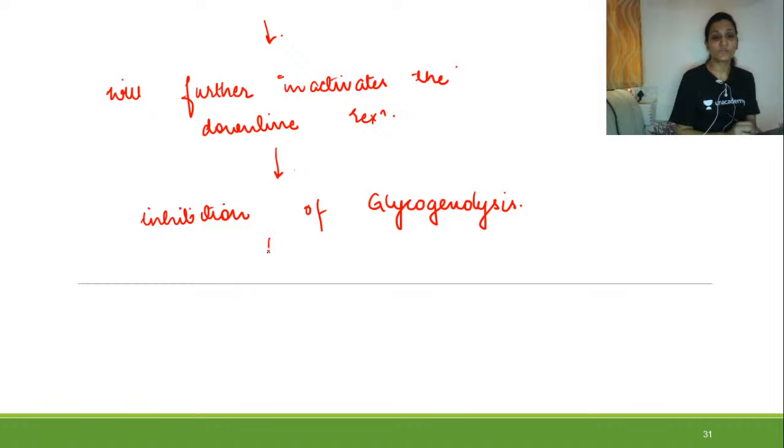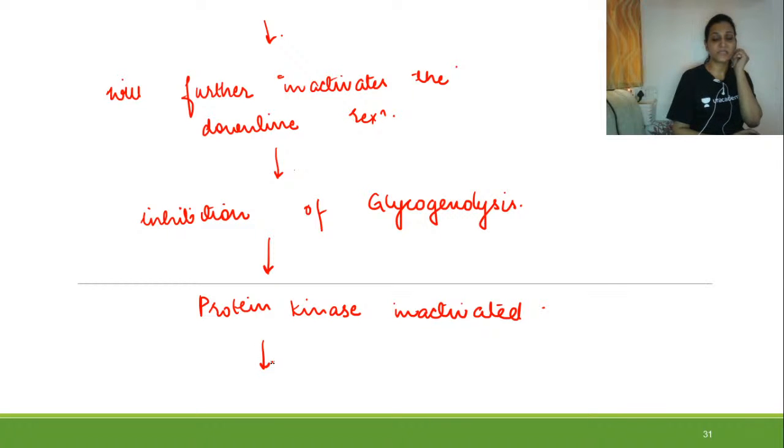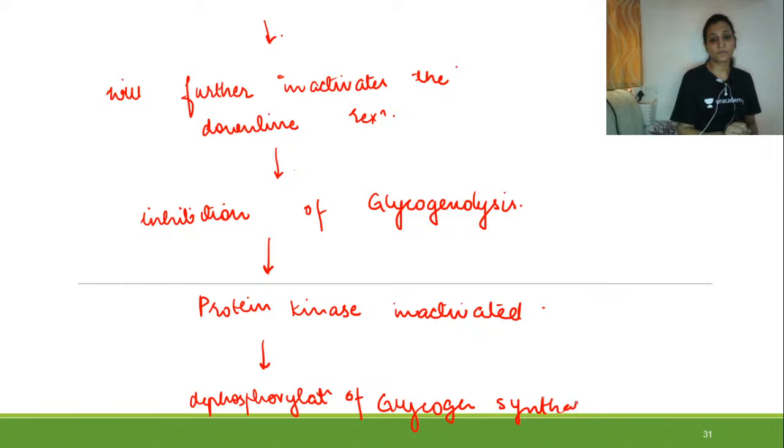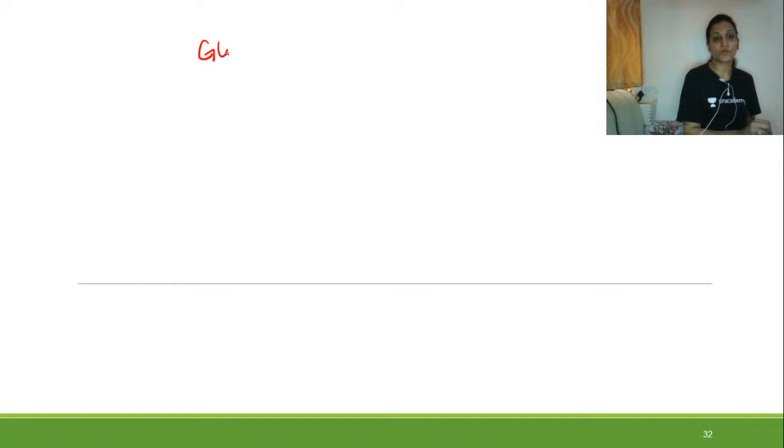Because of inhibition of glycogenolysis, protein kinase is inactivated, and there will be dephosphorylation of glycogen synthase which is activated, and because of this there will be formation of glycogen from glucose, right?